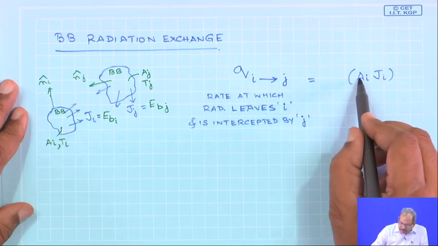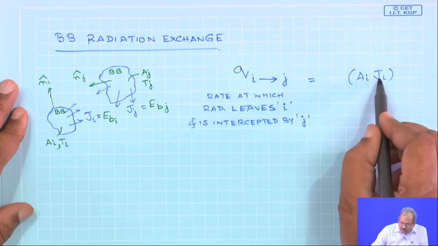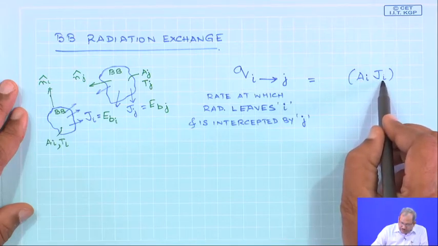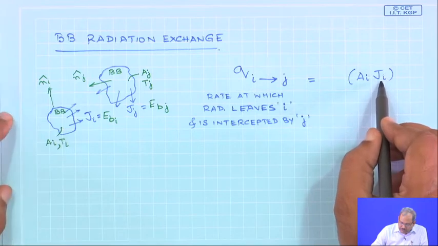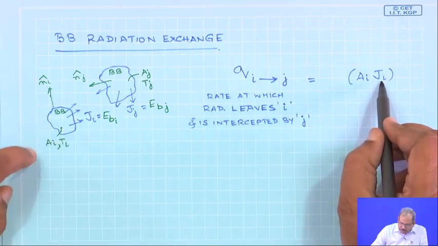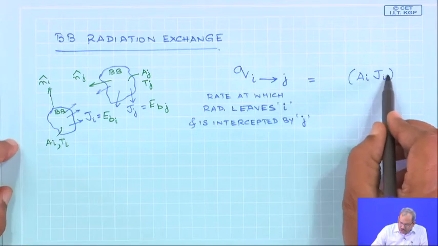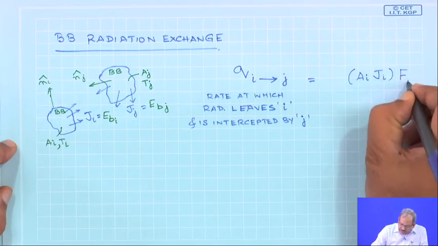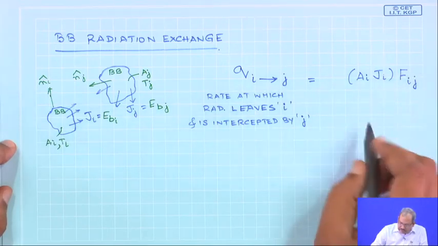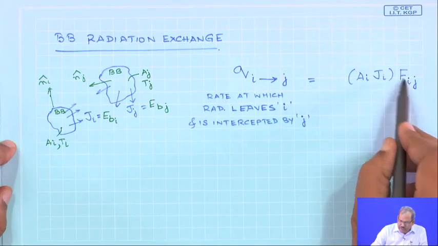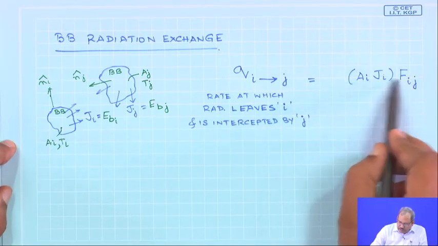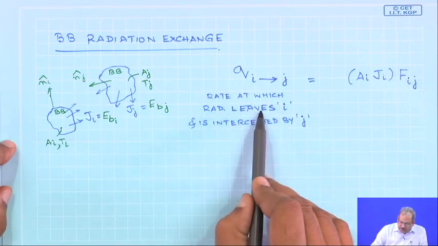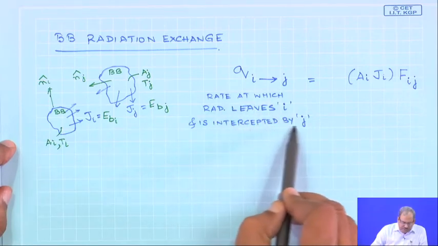So, I multiply it with the corresponding area and I get the total amount of energy which comes out of surface I, but not all of it is going to strike J. The fraction which is going to strike J directly is Fij. So, this entire thing gives me the rate at which radiation which leaves I is intercepted by J.